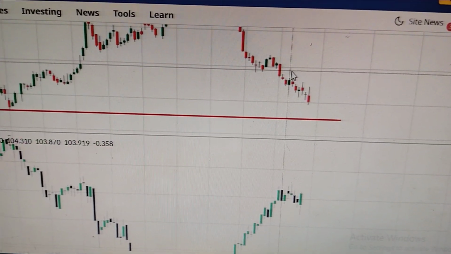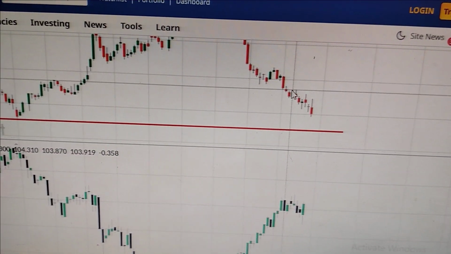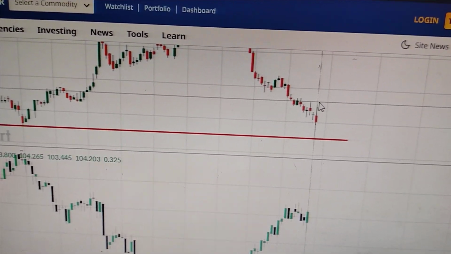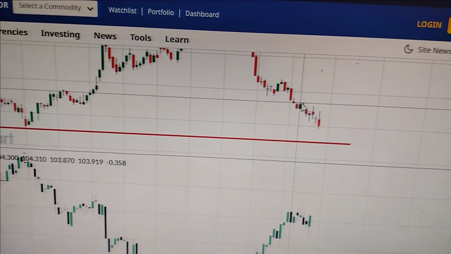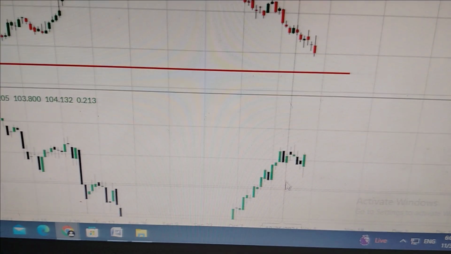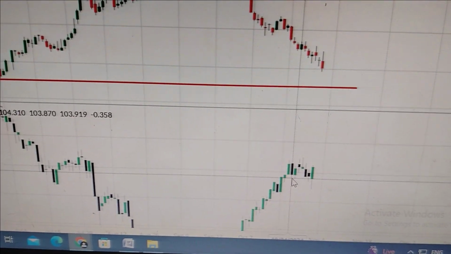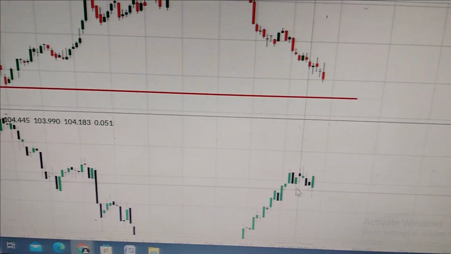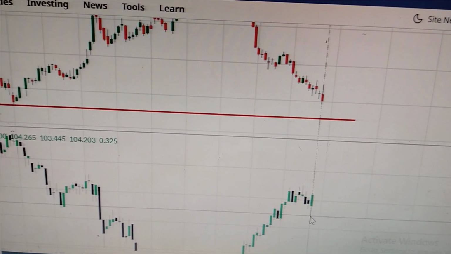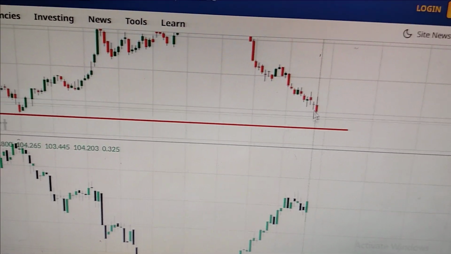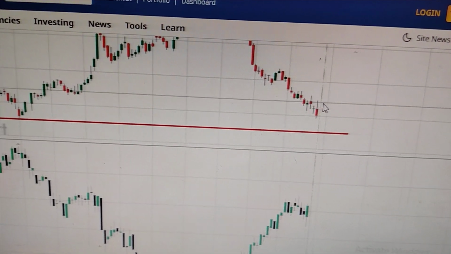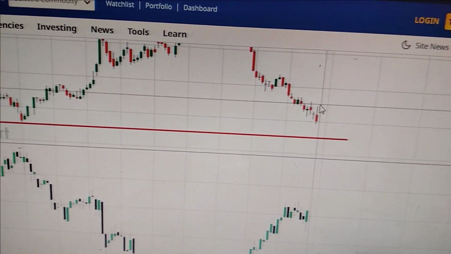But on the treasury note, as you can see, market did not come and create a high to take out this, as opposed to the dollar index, where market came down, took liquidity, tapped into this order block, and created a low, while this one did not. So there was this SMT. This is what we call SMT.